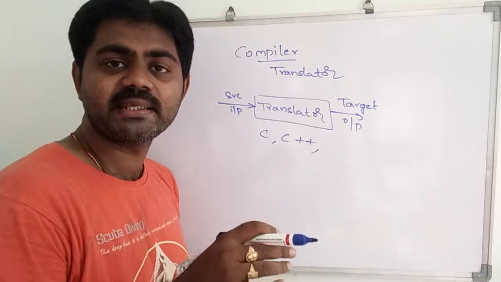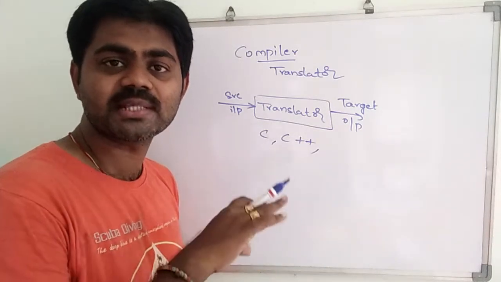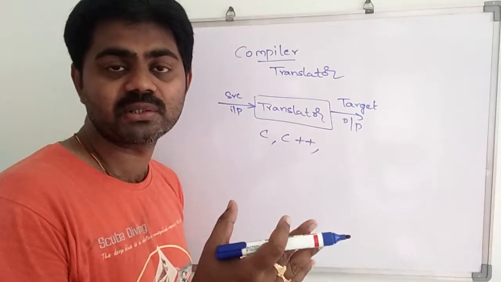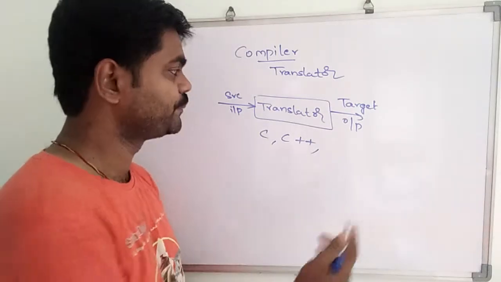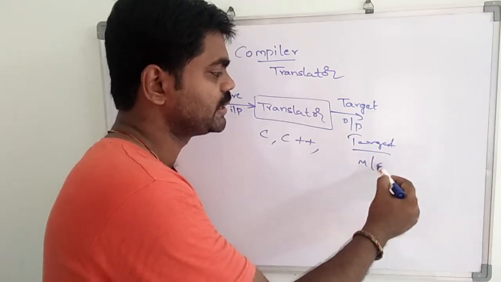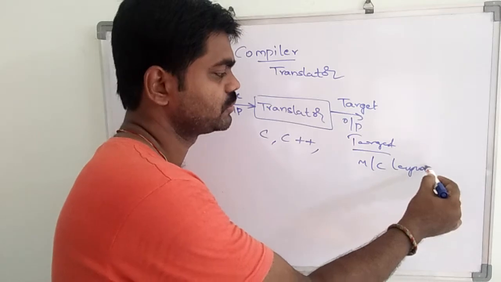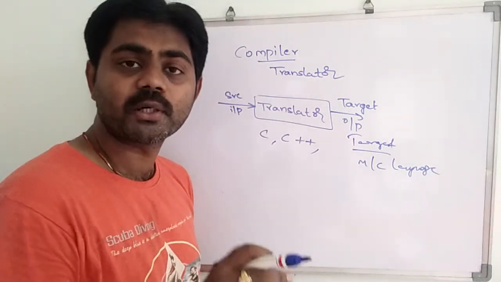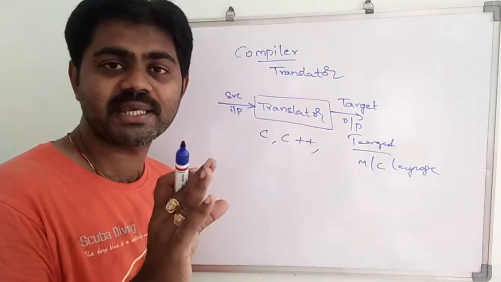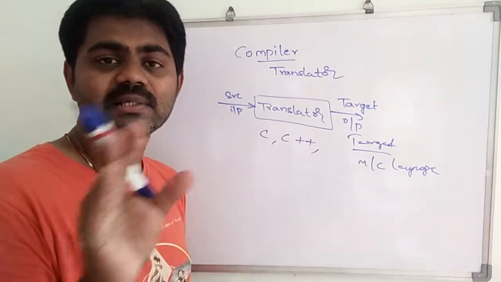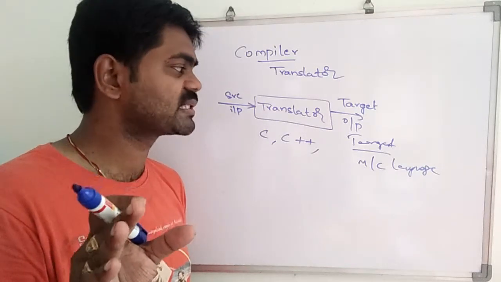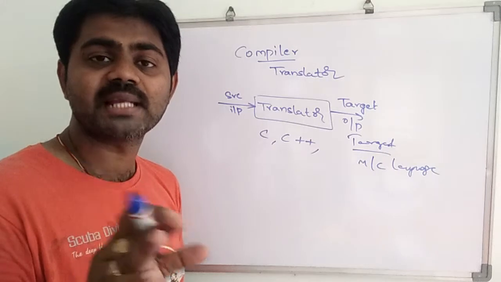See what we are saying here: a compiler is a translator which converts the source language into the target language. We also call the target language machine language. It's a machine understandable format. I hope you understood the difference. A compiler is a translator which takes input in one form and converts that to a machine understandable format, which is also called the target language, in another form.